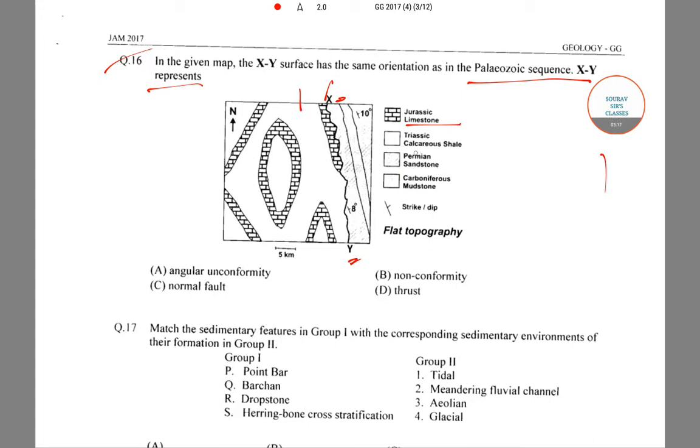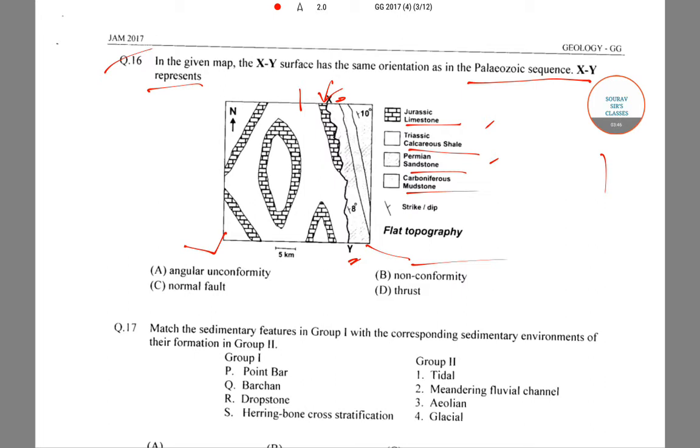This area is made up of Triassic calcareous shale. This area is Permian sandstone, and those areas are Carboniferous mudstone. As you can see here, this Jurassic limestone is emerged between the Permian and Triassic calcareous shale as well as sandstone. So what is the characteristic of that?